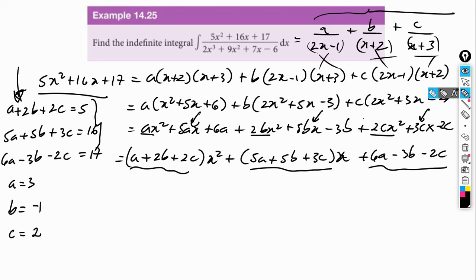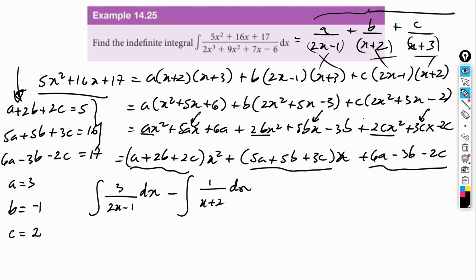This one would be equal to the integral of 3 over 2x minus 1 dx, minus the integral of 1 over x plus 2 dx. And then we said that c is equal to 2. So this plus 2, the integral of 2 over x plus 3.